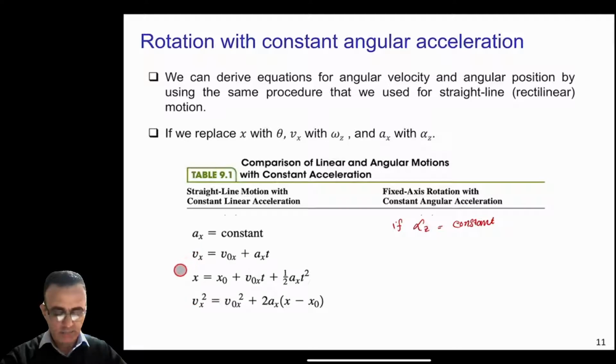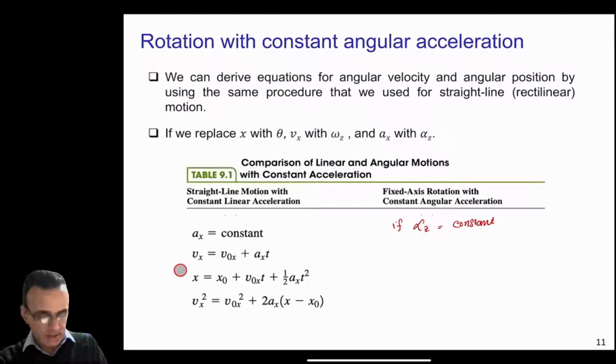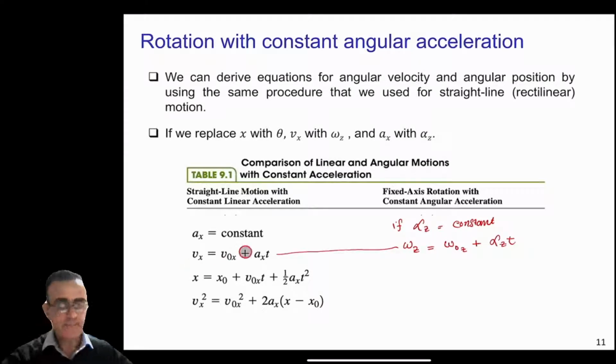So if we just change the v, the first equation will become omega z equal to omega naught z plus alpha z t. Here we just replace vx by omega z and ax by alpha z, and time will just stay the same.